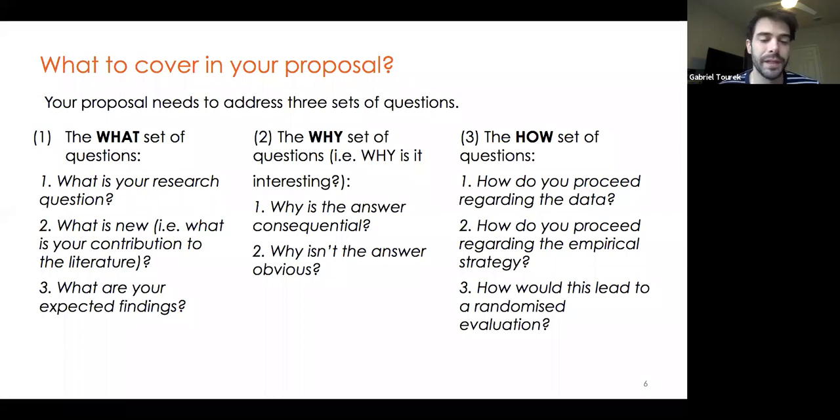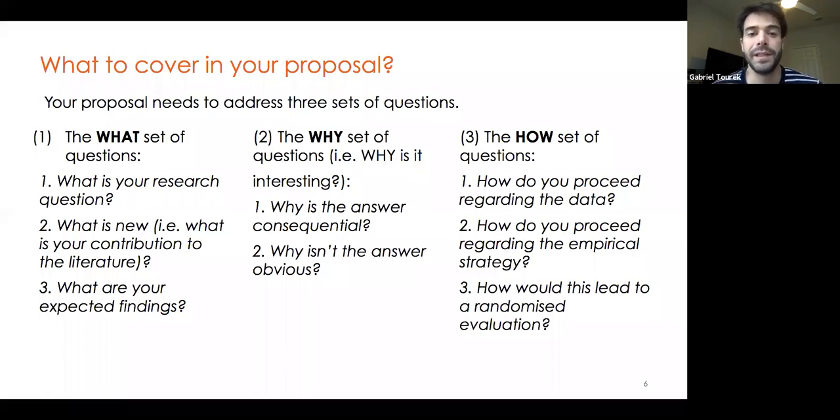And that would be a motivation that you would put into the proposal, saying, it's clear this question seems obvious, but we don't have any evidence on it. So I want to test this question and show that it holds in my particular setting. And maybe if it doesn't hold, then that would be a useful result that could suggest why asking this question in the first place is important.